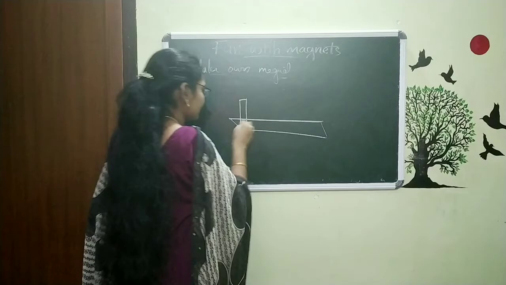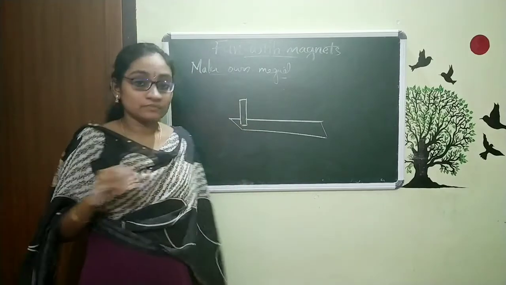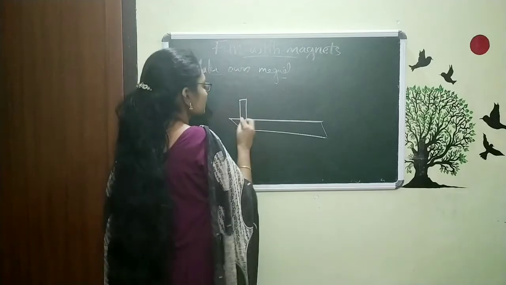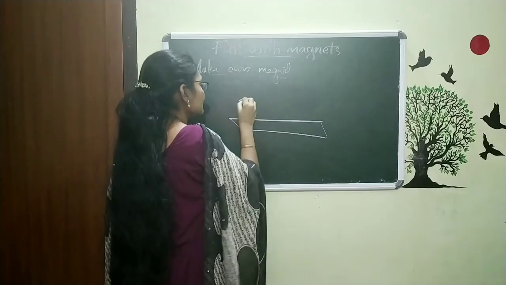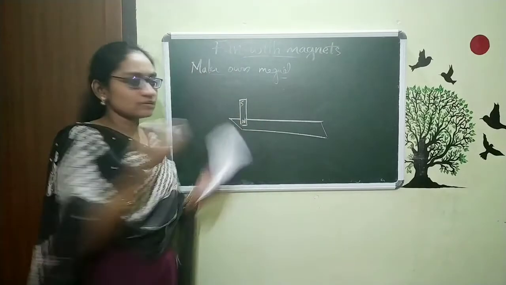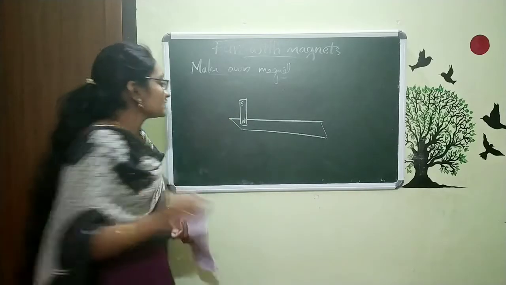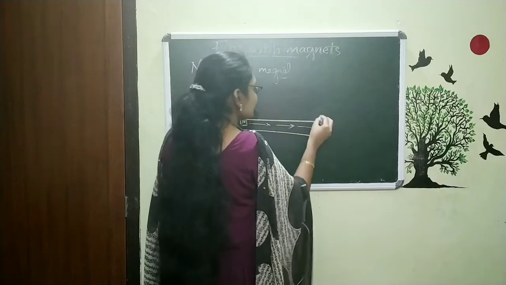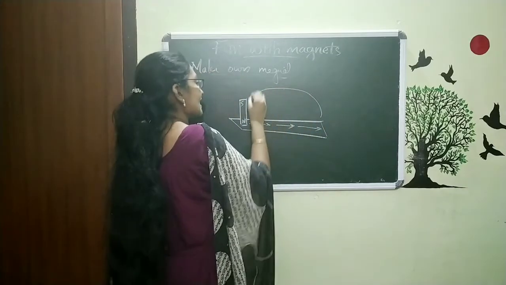When we are taking a bar magnet, it will be more helpful. I have no bar magnet here, so I just used that. So I am placing north here, south. You can also use south and north twisted, no problem.